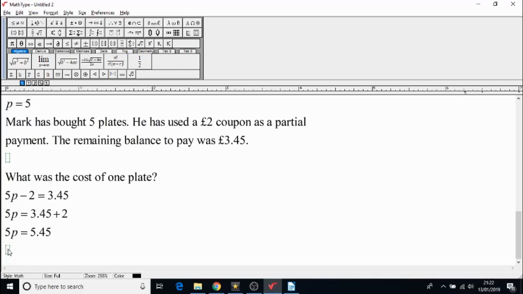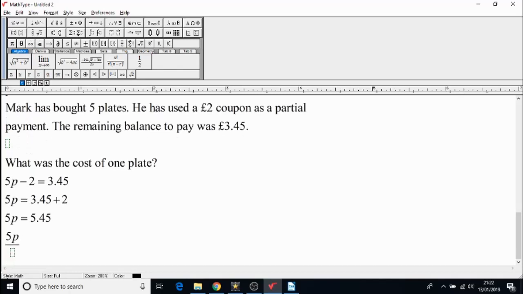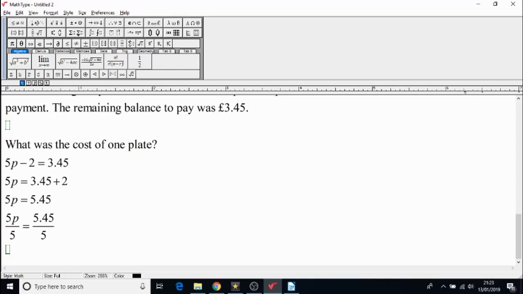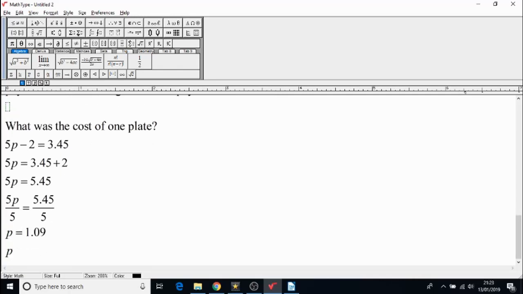So you divide 5p by 5, and you'd also divide the £5.45 by 5 as well. P is equal to 1.09. Therefore, one plate costs £1.09.